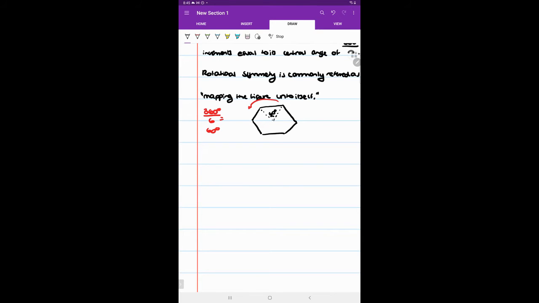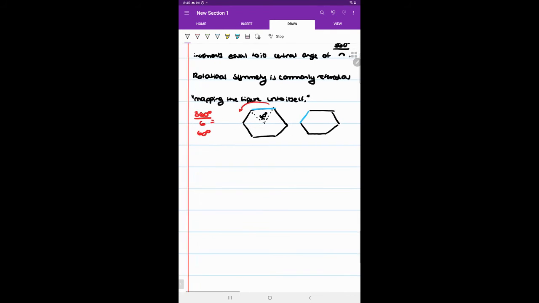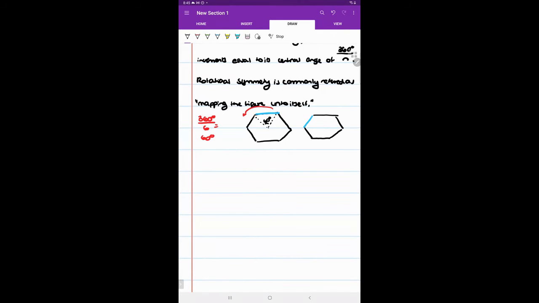If I rotate this by 60 degrees, then this side is going to go there, and the other sides will just shift one over. It's going to be the same. That's why it has rotational symmetry. That's what it's saying. Similarly, if I have this little triangle, well, this is 3 sides. So in this one, we're working with 360 degrees over 3 equals 120 degrees.